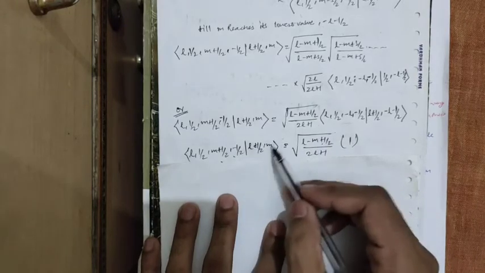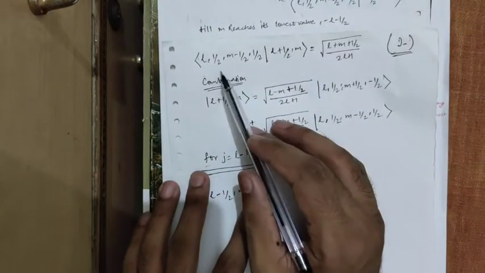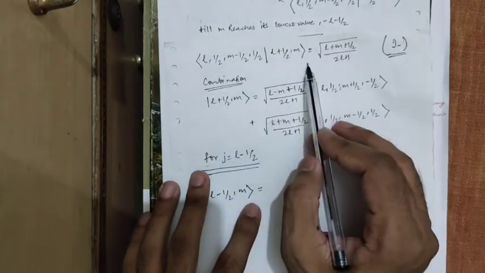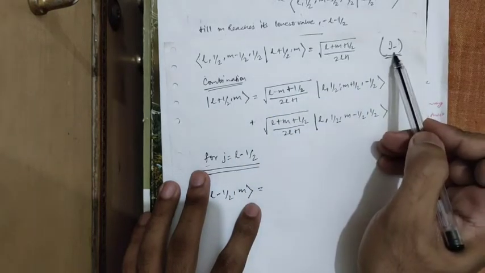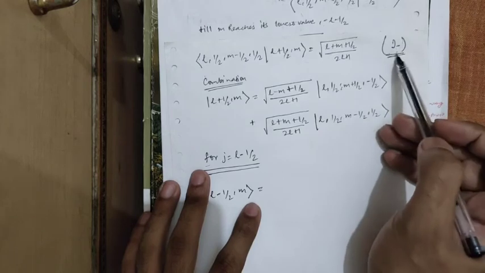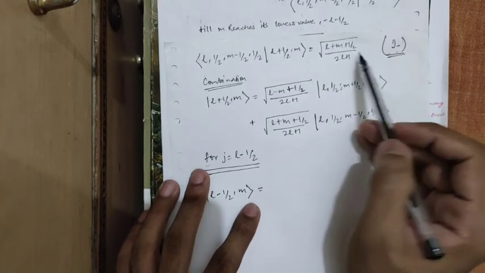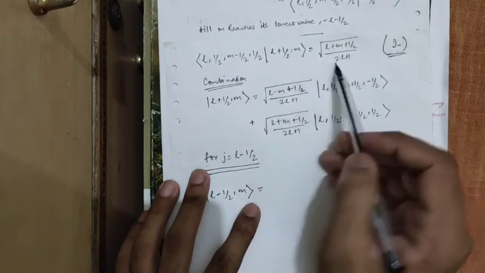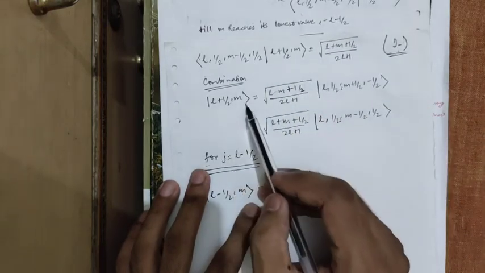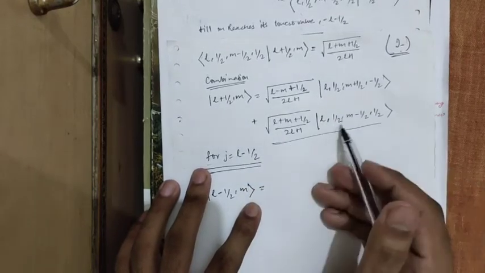We can proceed in the same way for the second coefficient, but this time, instead of applying the j plus operator, we operate the j minus operator on both sides, and we end up with this relation. On substituting both, we get the L plus half, m ket equal to this.